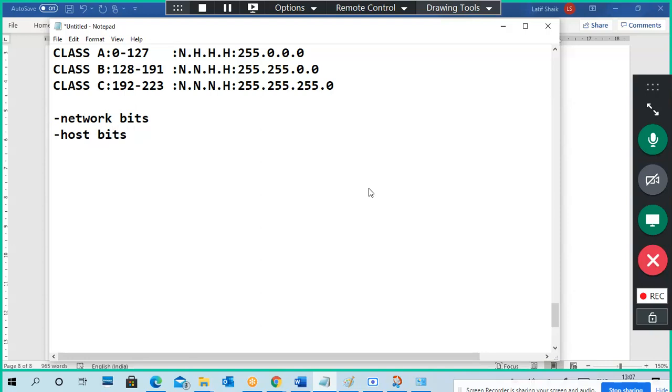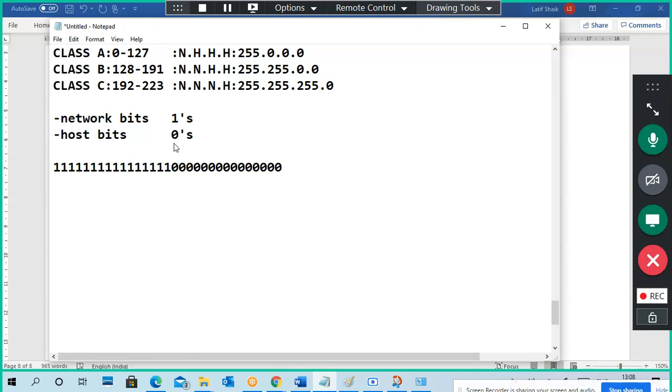In an IP address, we have network and host portions, and it is also in binary, so we have network bits and host bits. Network bits are represented as ones. Host bits are represented as zeros. It means the subnet mask always follows a pattern like 1 1 1 1 1 1 1 1 then 0 0 0 0 0 0, like this only.